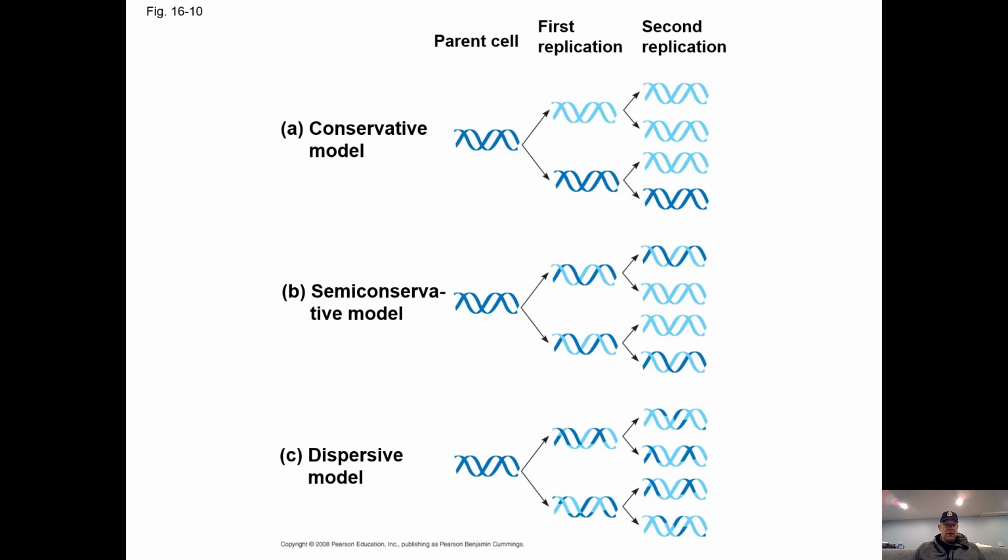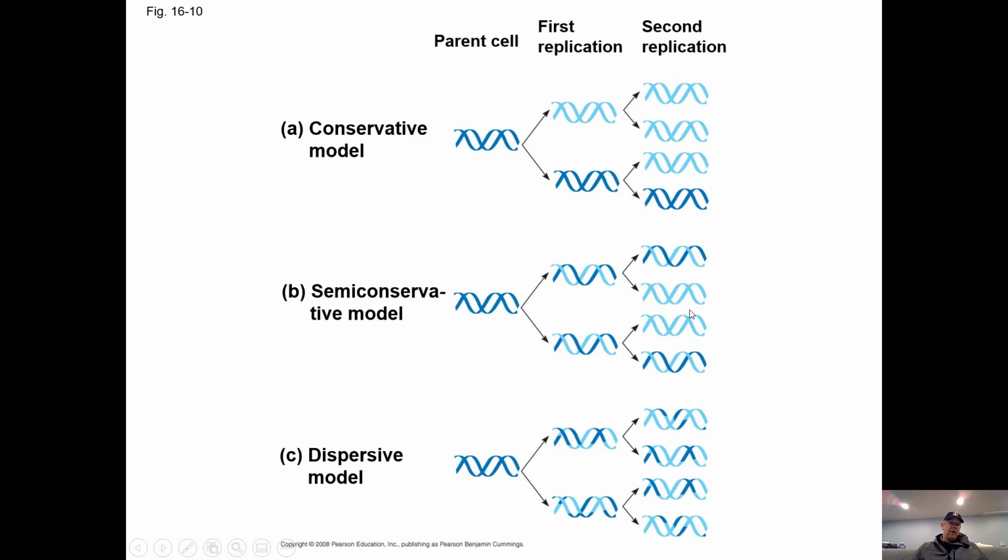So we just went over the semi-conservative, but in the conservative model, you start out with the original strands of DNA, then they open up, but the original strands stick together, and then the other strands are wholly new, completely new. All right, that's the conservative model.